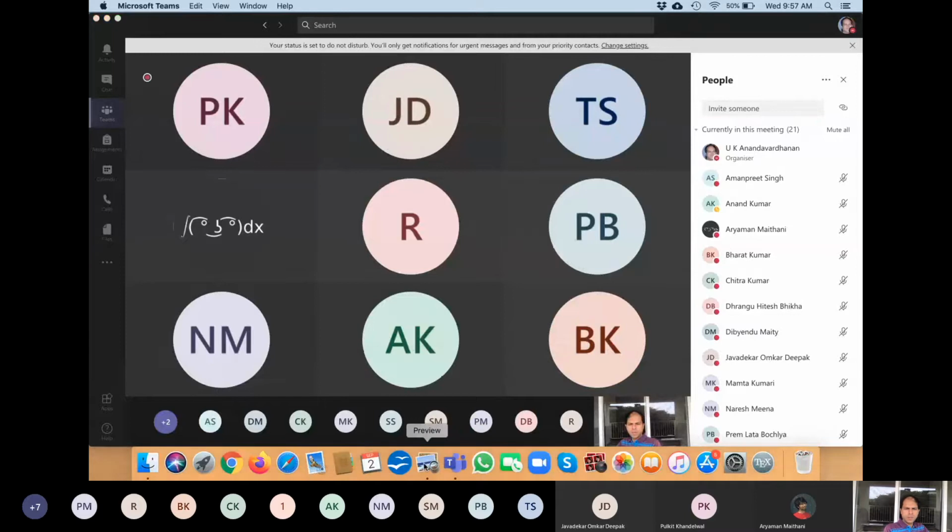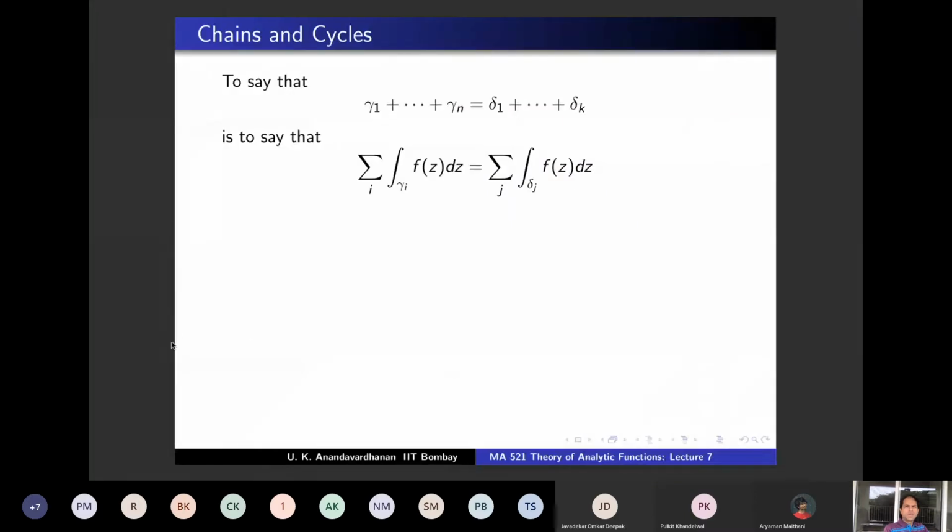That will be better. Okay, so we say that two cycles are the same if you can integrate on the first chain and on the second chain, and the integrals coincide for every continuous function on these images. If you consider the union of all these images, then both these integrals make sense.